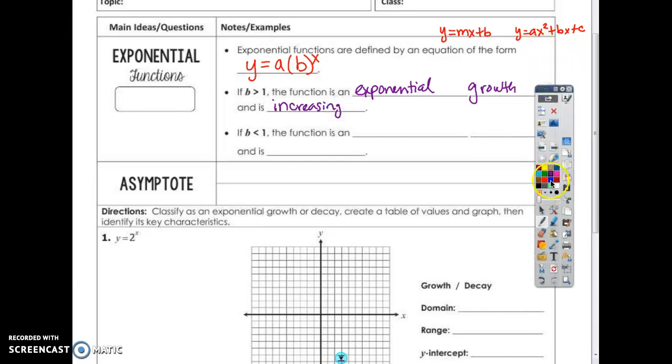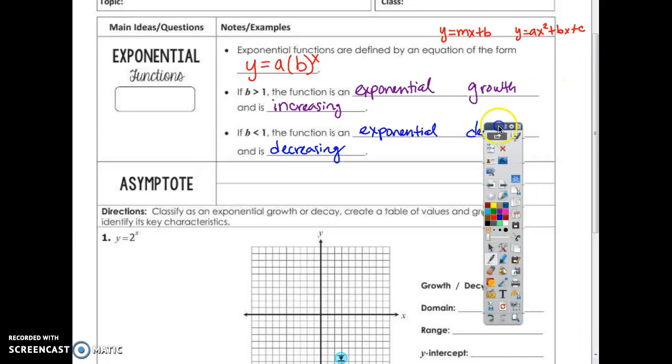Now, if the b, again, that number inside, is smaller than 1, meaning it's a fraction or like 0.25 or 0.50 or 0.75, then it's going to be an exponential decay. Which means it's decreasing.